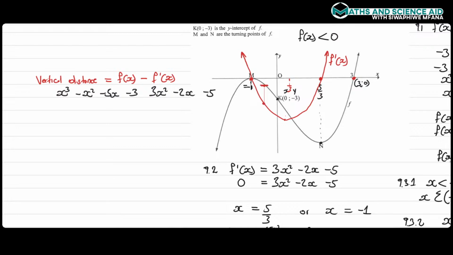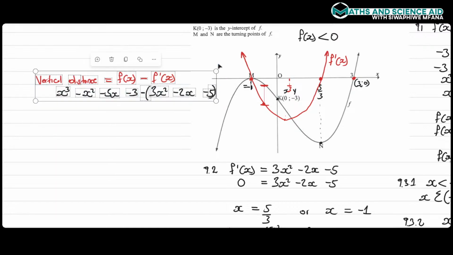So f of x is above here, and f prime of x is below. That's why you must do the subtraction in this way to ensure that you get a positive answer. And let us not forget that this should be inside brackets.